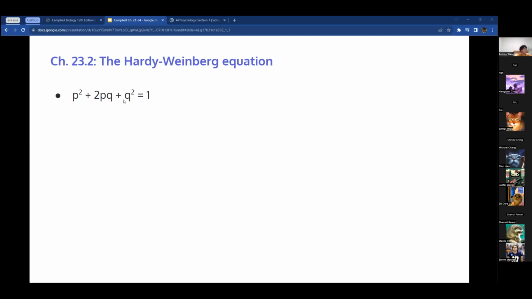Little q is the frequency of the recessive allele. So p squared is the frequency of homozygous dominant in a population, and q squared is homozygous recessive in a population. 2pq is heterozygote frequency in a population. All of that should add up to 1, because an organism can only be one of these three variants.